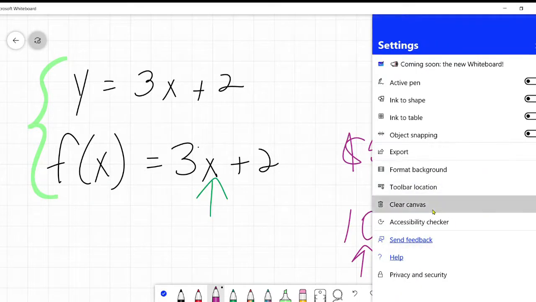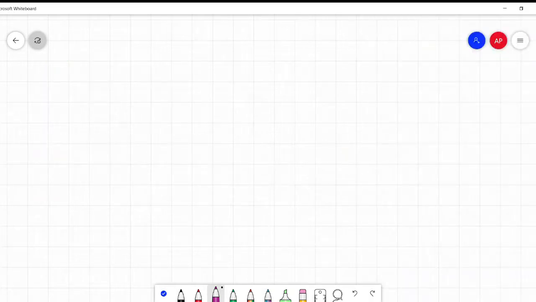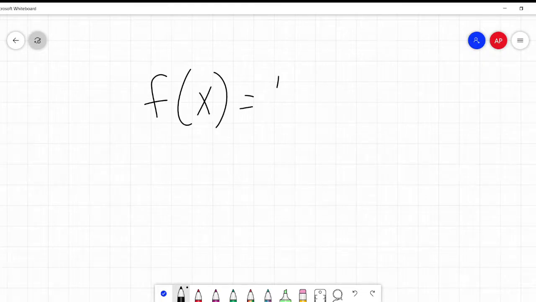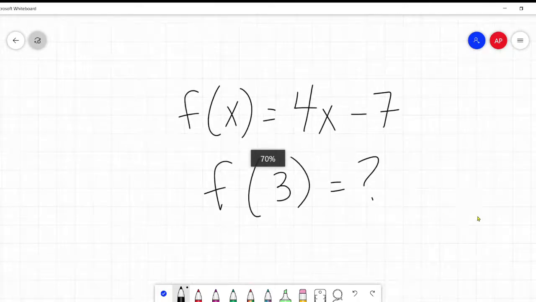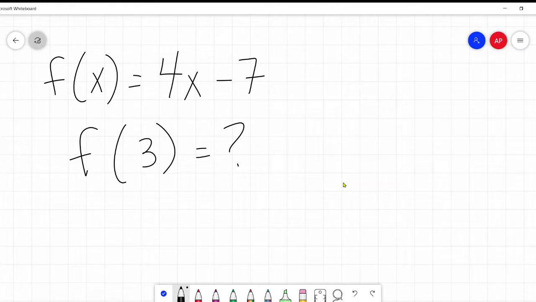Okay, so then you're jumping over to evaluating functions. And this is where you get something like this: f of x equals 4x minus 7. What is f of 3? Okay, so for this, all they're saying is if 3 is my input, if 3 is my independent variable, I'm putting 3 into this machine and seeing what comes out the other end. Like it's a very simple computer program. If I type in 3, what happens?